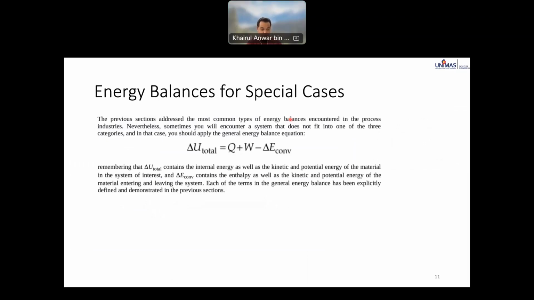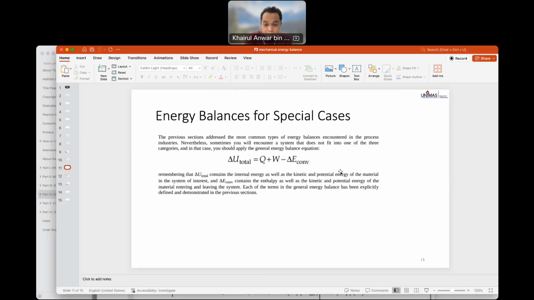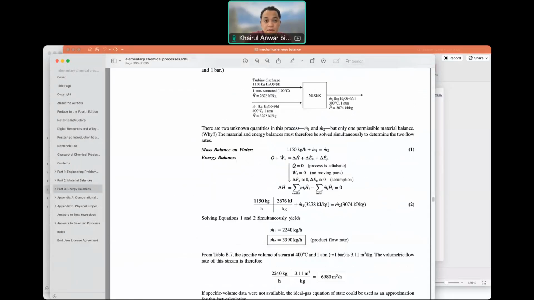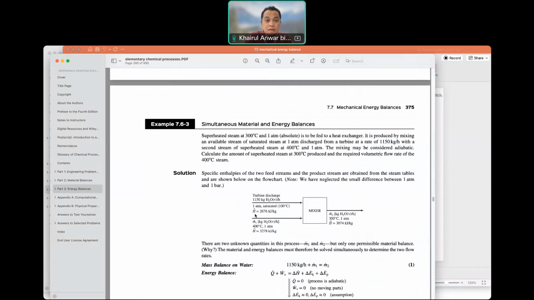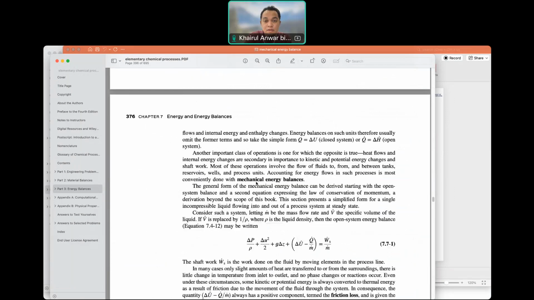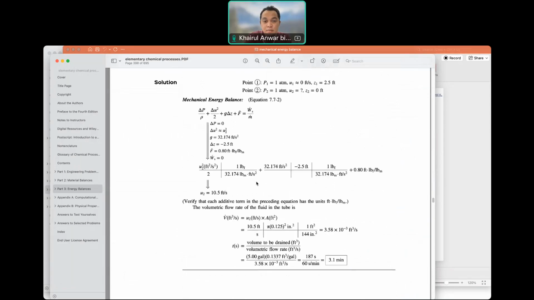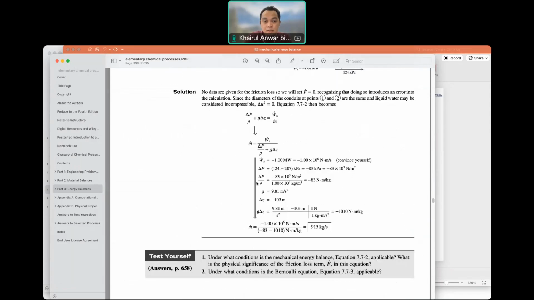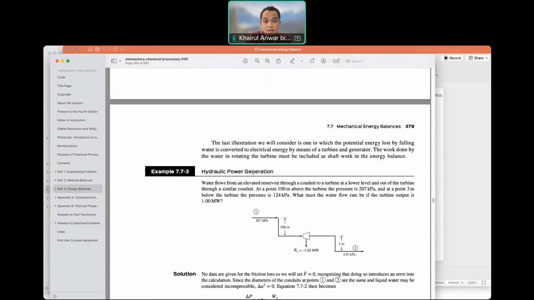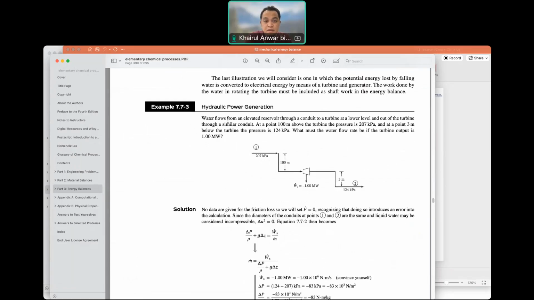If you refer to the elementary chemical processes book, it goes up to here, example 7.7-3, hydraulic power generation.